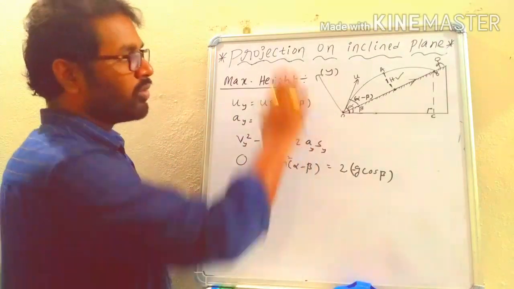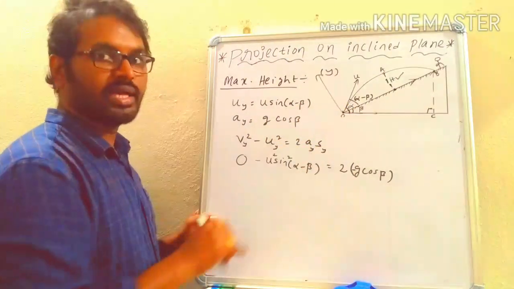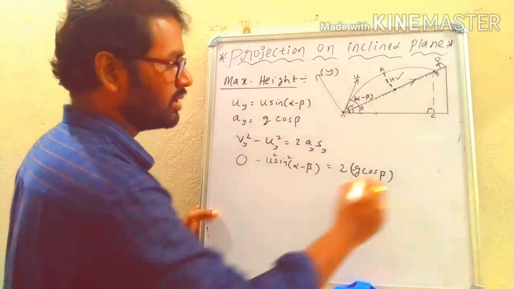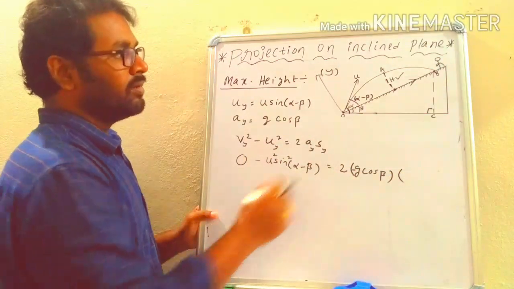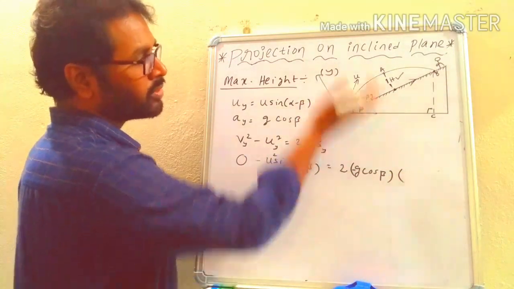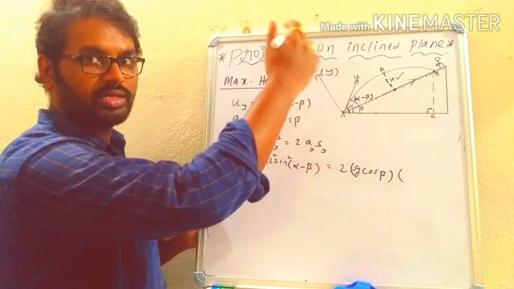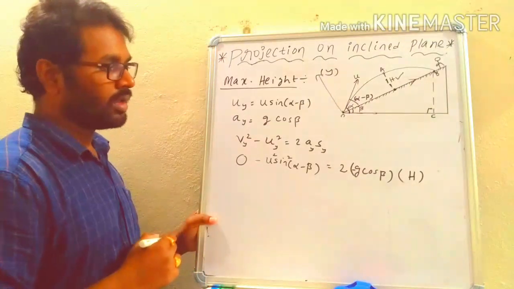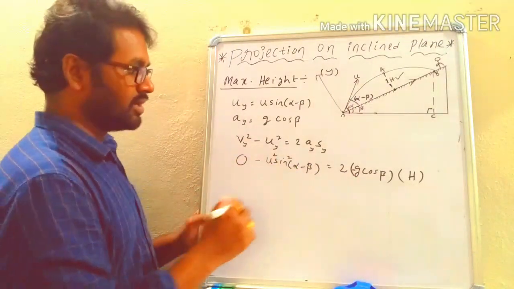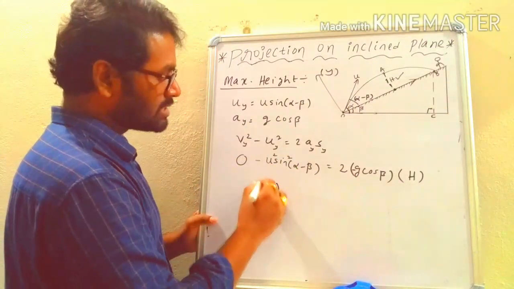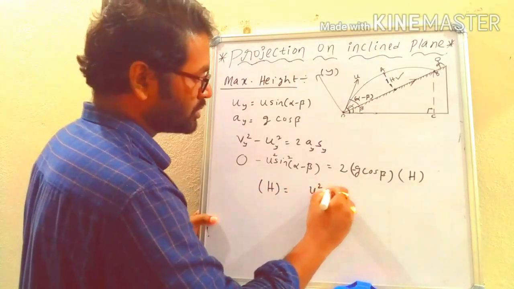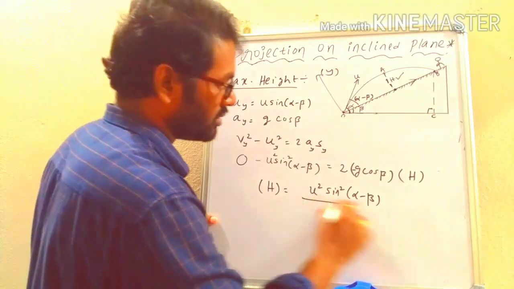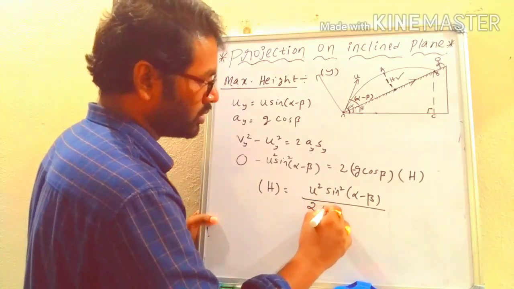But when you take upward as positive, downward quantities come as negative. And the displacement from bottom to top, vertically upward, is taken as positive, so h is positive, and negative and negative get cancelled. You will get maximum height equal to u square sine square of alpha minus beta divided by 2 into g into cos beta.